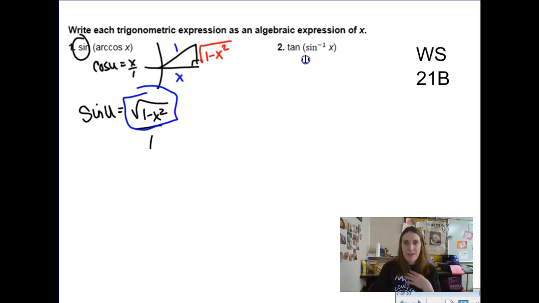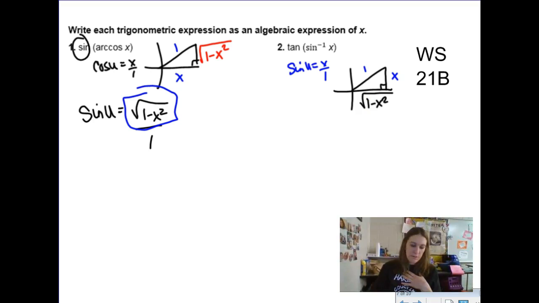So, one more and then we'll call it a day. Inverse sine of x. So that means the sine of our mystery angle is x over 1. And then a little Pythagorean theorem, we get 1 squared minus x squared.